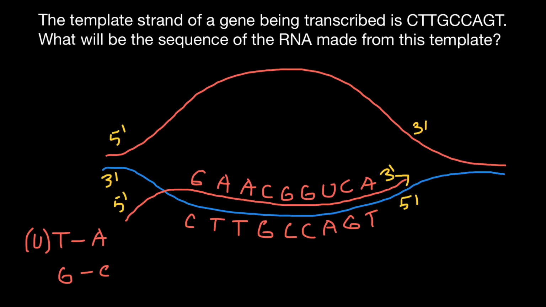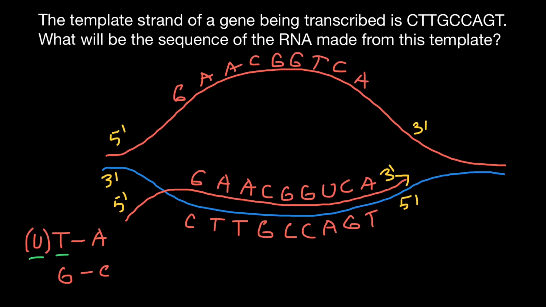The sequence is going to be the same as in messenger RNA, with only one difference, that instead of uracil we would have thymine. So the sequence is going to be guanine, adenine, adenine, cytosine, guanine, guanine, thymine, cytosine, and adenine.